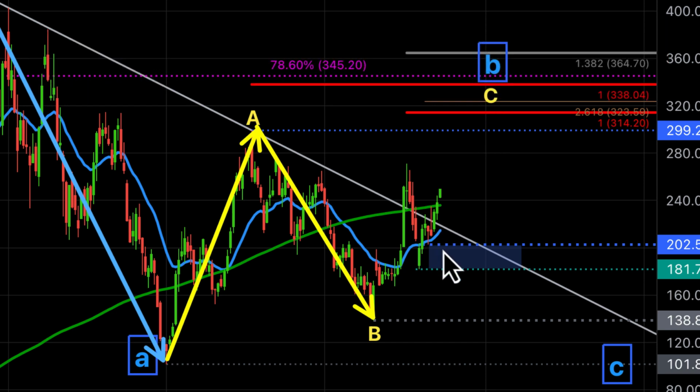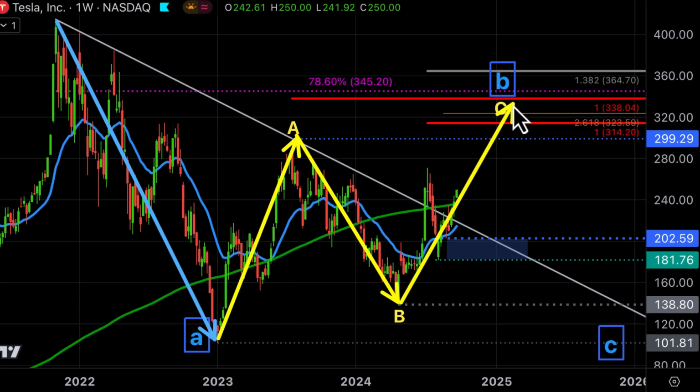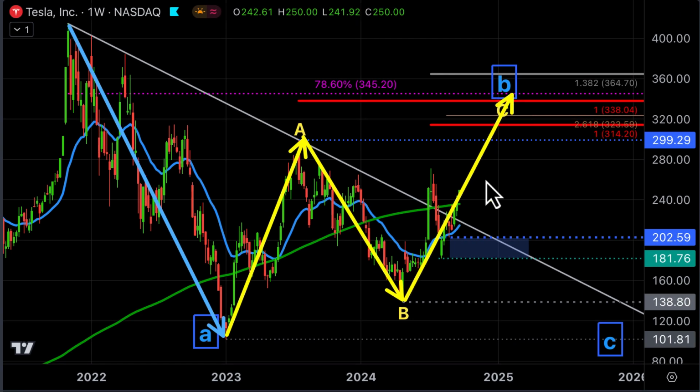So provided Tesla stays above this key support, this near support here about 200, 202, my view is that we're quite likely in the C wave in yellow, taking us eventually, perhaps by the end of this year or maybe by the start of next year, to those upper levels.